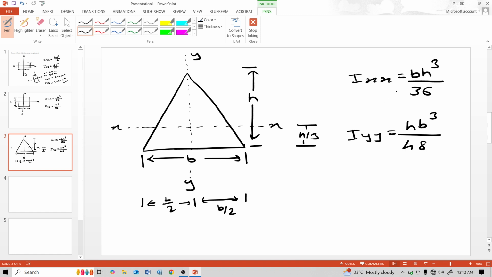Here Ixx is b h cube by 36 and Iyy is h b cube by 48. These are the moments of inertia for isosceles triangles.